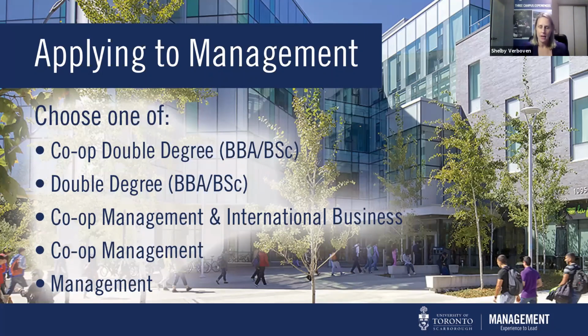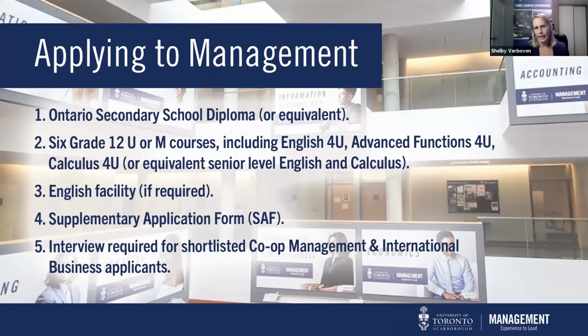Now, how do you get admitted to our programs? We're going to be looking for a wide range of things within your application. First of all, if you're a student who's currently in Ontario, we're going to want to see your Ontario Secondary School Diploma. If you're not currently studying high school in Ontario, no problem. We'll look for the equivalent high school credential from you.